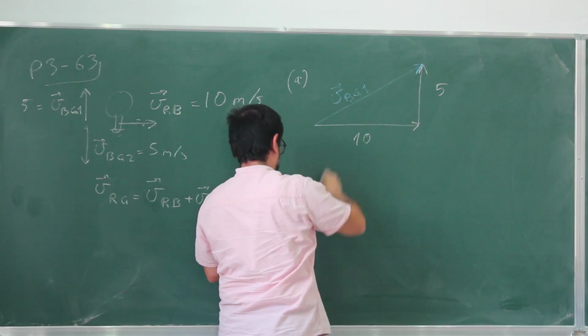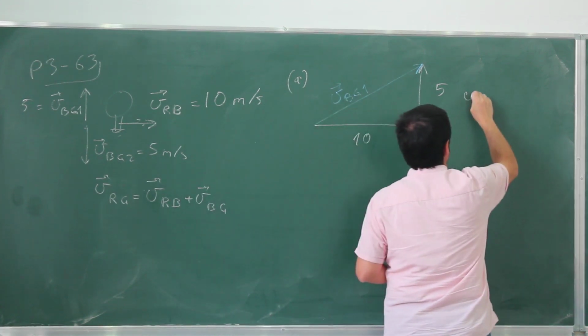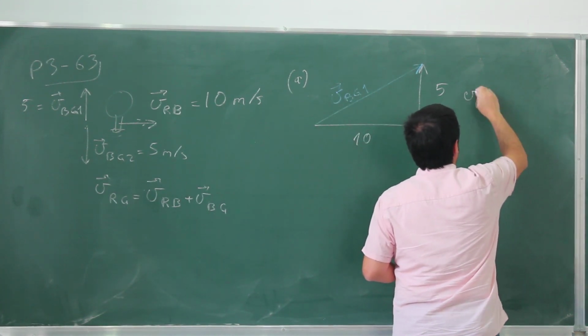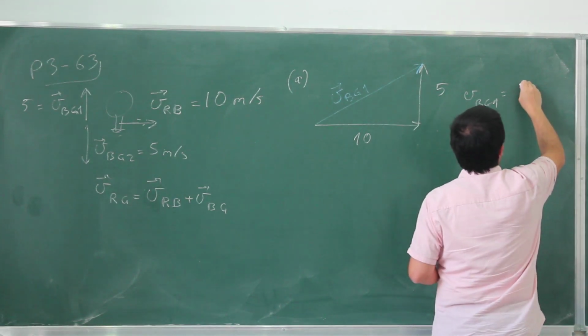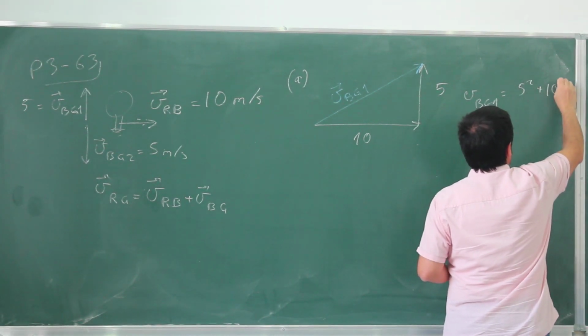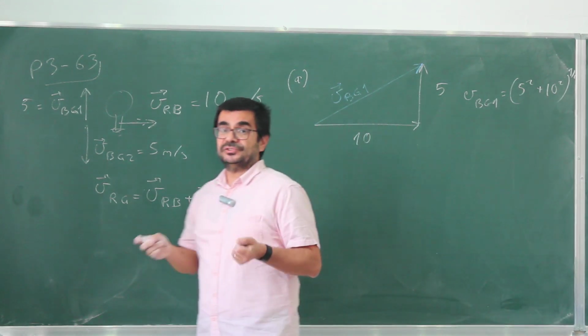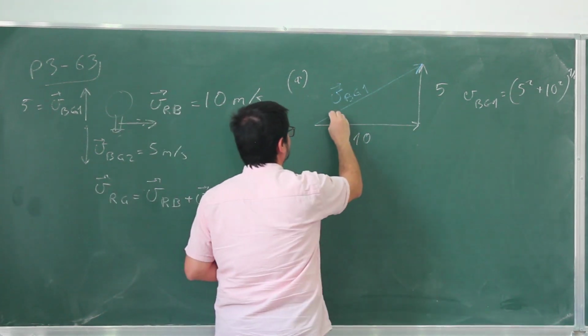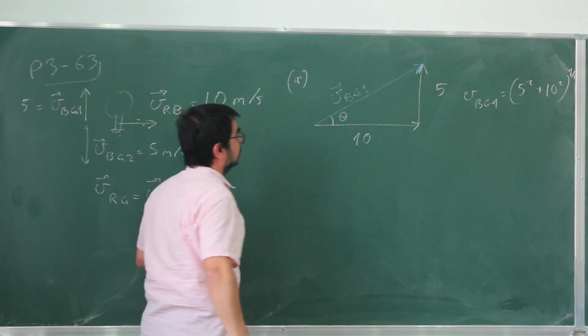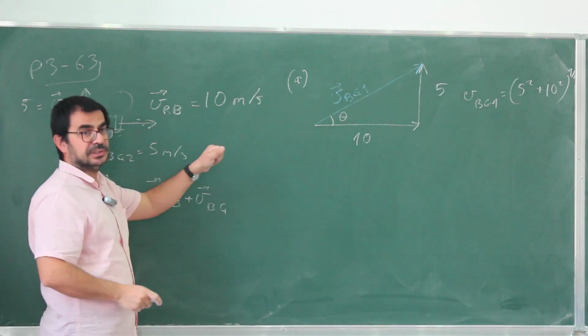This is my vector, and its magnitude is going to be the square root of 5 squared plus 10 squared. Now, to indicate its direction, we should say that it makes an angle theta above the horizontal.